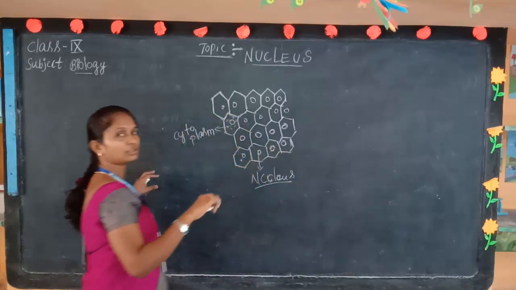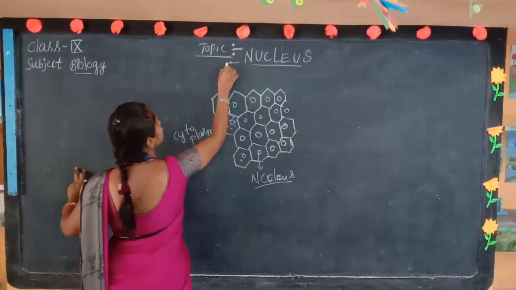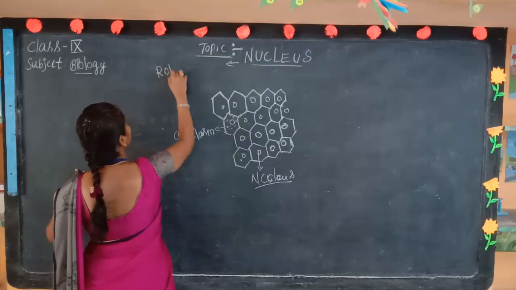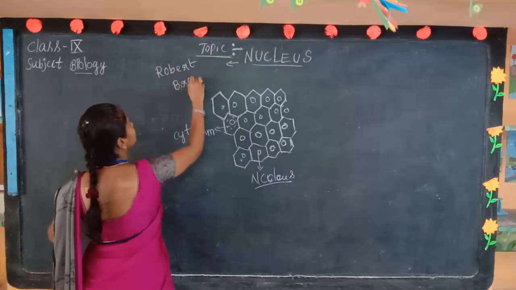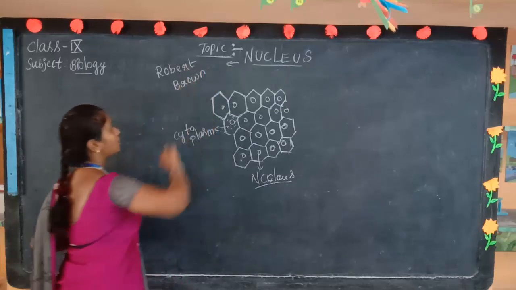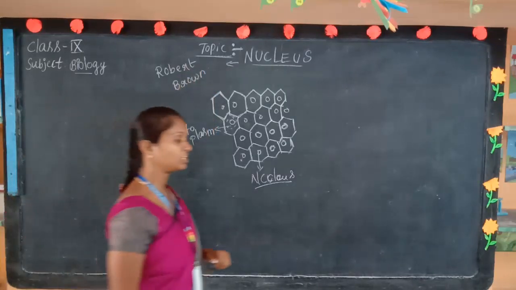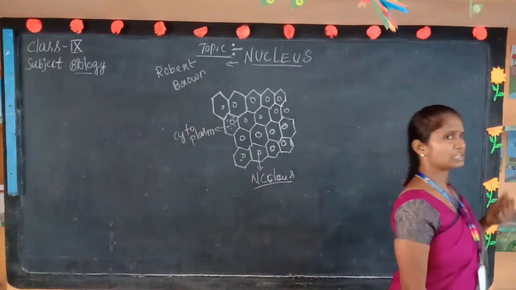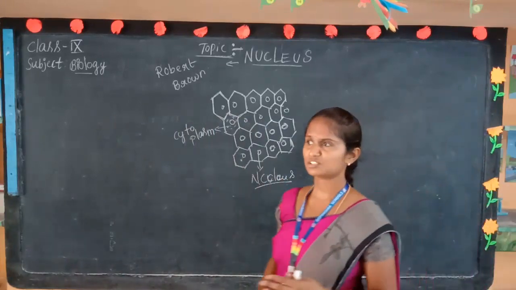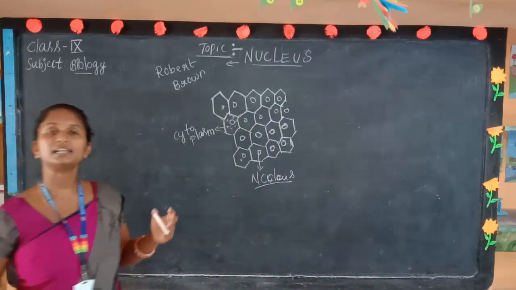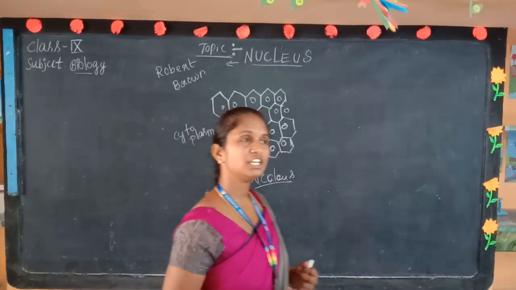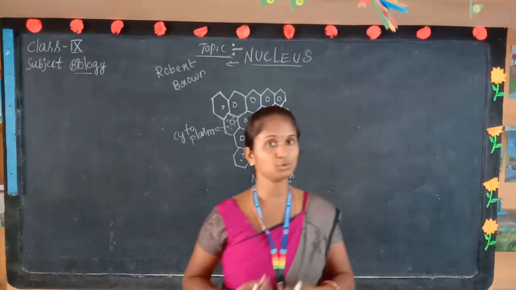Who discovered the nucleus? The nucleus was discovered by Robert Brown, after Robert Hooke who discovered the cell. In the cell, something was there that made it start dividing, so he started his experiments.